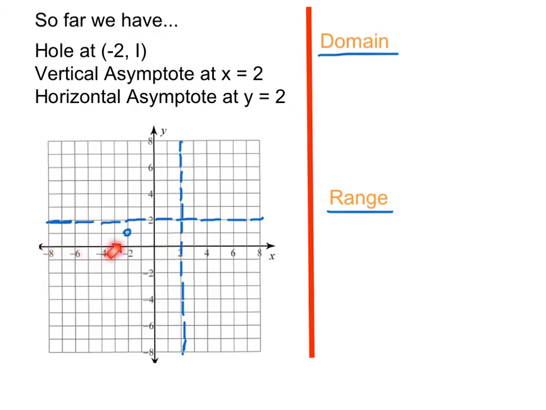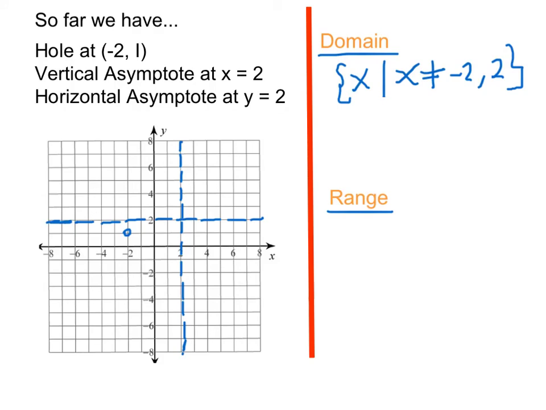So to write the domain for this, we will say all x values from negative infinity to infinity, skipping x equals negative 2 and x equals 2. And this is how we write it. X values such that x not equal to negative 2 and x not equal to 2.